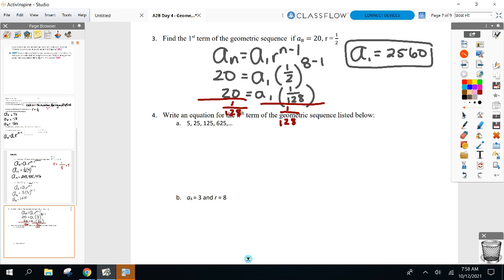All right, now let's actually write the equation for the nth term. Here's where we were. Again, right off the formula sheet, geometric sequence formula. N stays N. Just remember that. Anytime I ask for an equation for the nth term, N stays N. So A sub N, first term, 5.